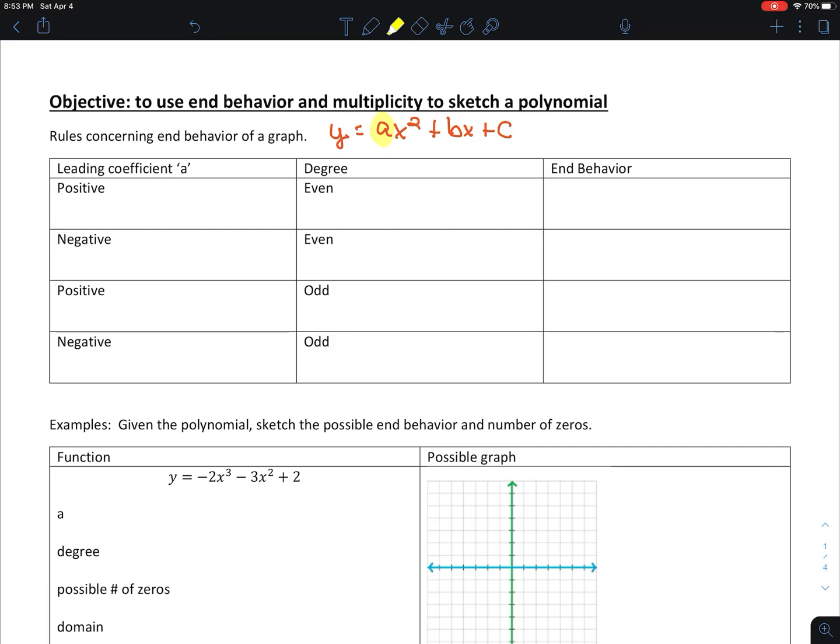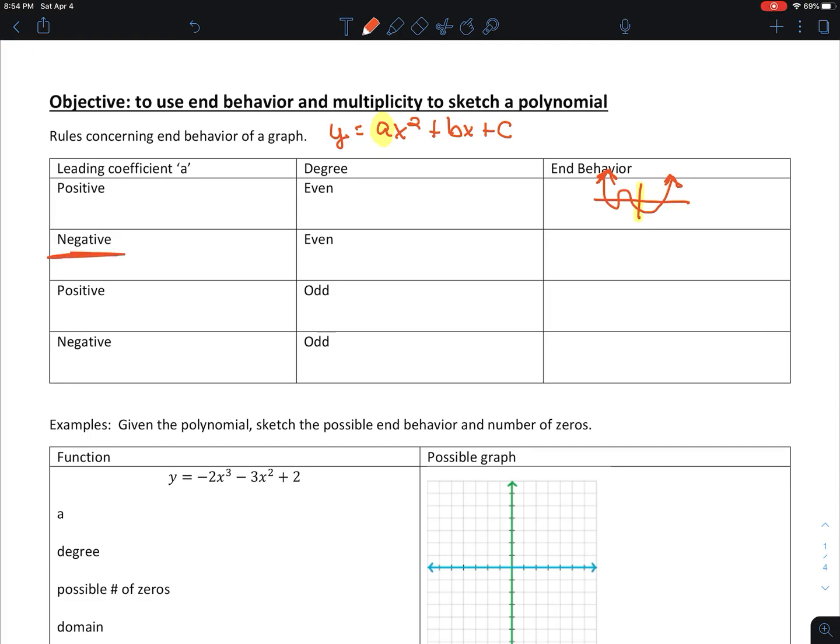If the leading coefficient is positive and the degree is even, then our function will look something like this. Notice at the end, both ends of our graph are up. They both go to positive infinity.